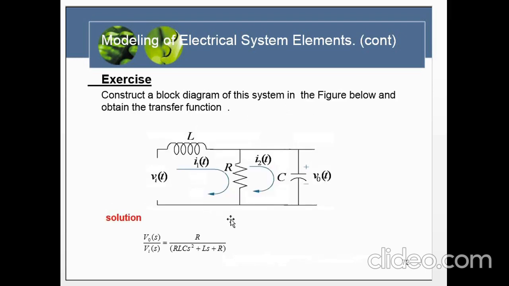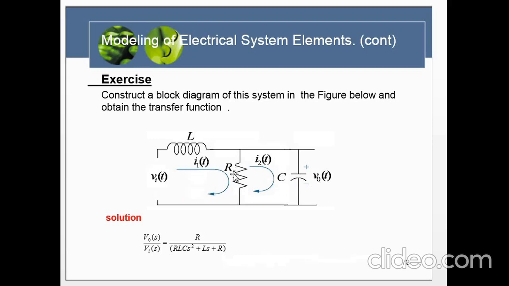This exercise you can try by yourself, and to guide you, we give the result: the transfer function is Vo(s) per Vi(s) equal to R per RLCs squared plus Ls plus R. The input is vi(t) and the output is vo(t), the voltage in C.